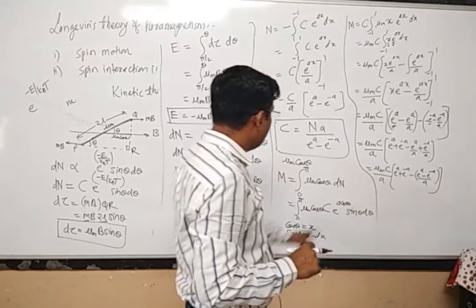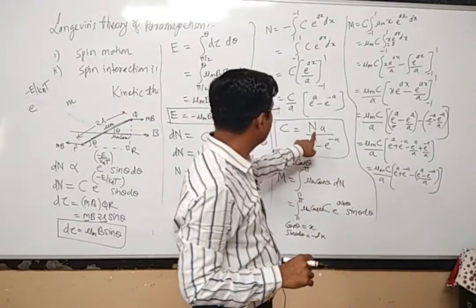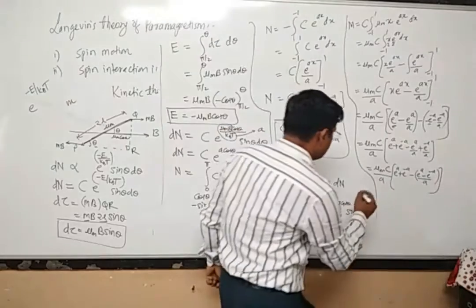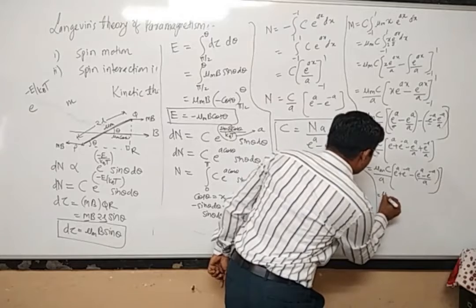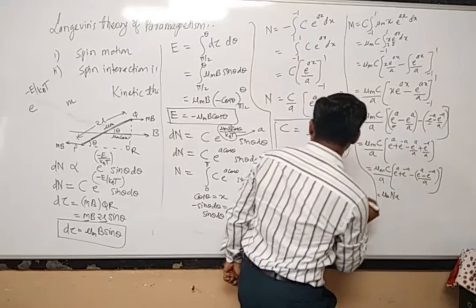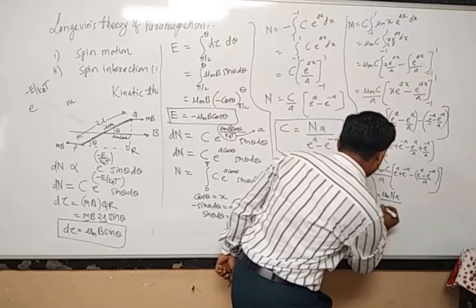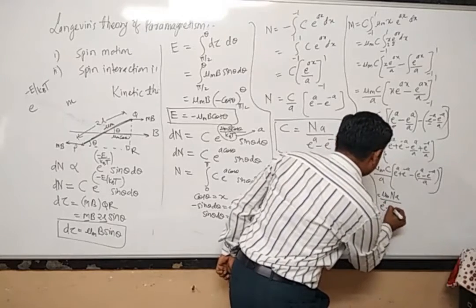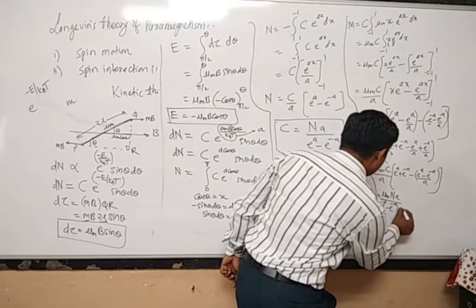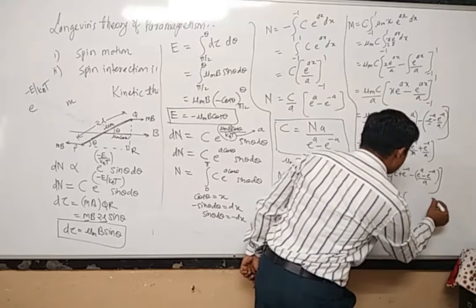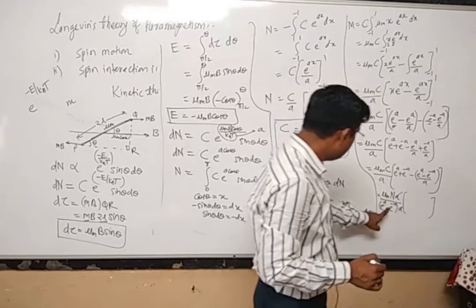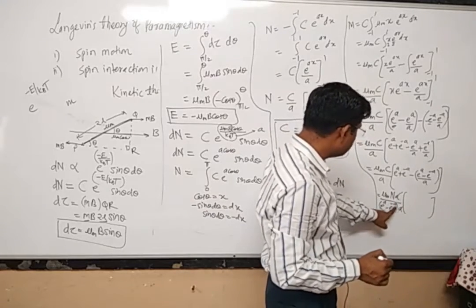Now again I know the value of c. C is equal to n into a divided by e raised to power a minus e raised to power minus a. So let us put the value, μm into c. C means n into a divided by e raised to power a minus e raised to power minus a, and again this bracket. So this a will get cancelled, and again e raised to power a minus e raised to power minus a.